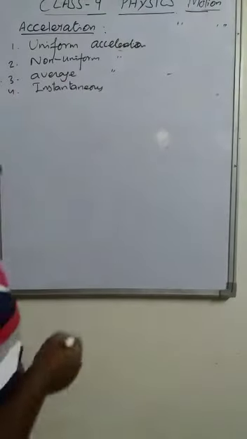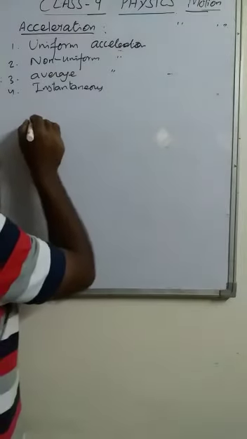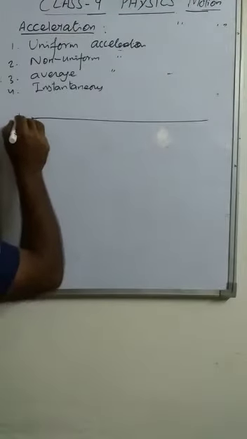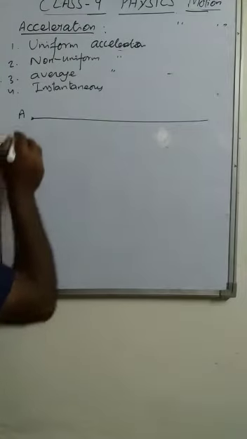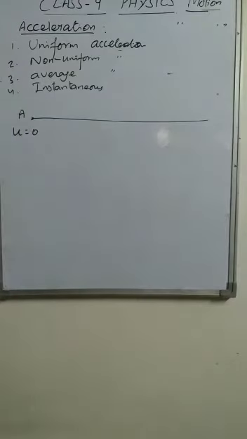Again, if we go into detail, what actually is uniform acceleration? Suppose we take an example. Along a straight line, a car starts from the starting point, and we take the initial velocity as 0.